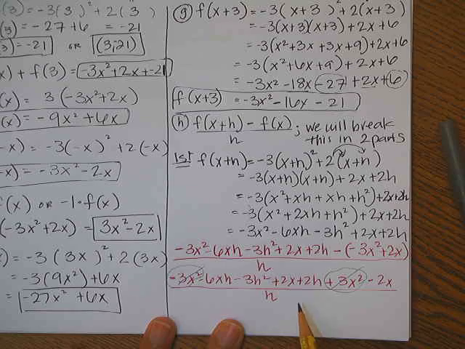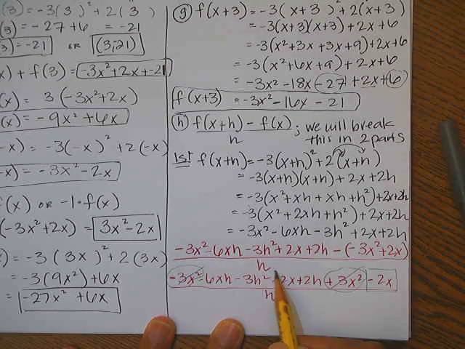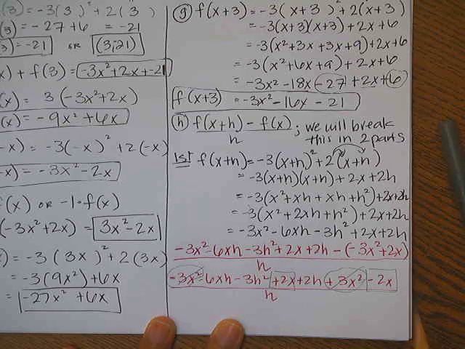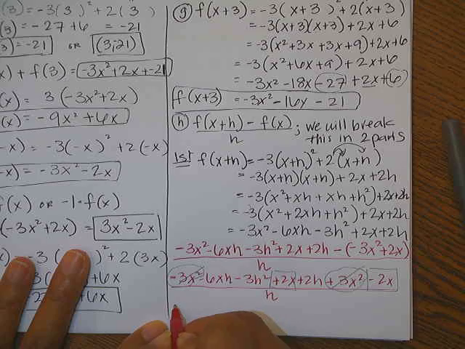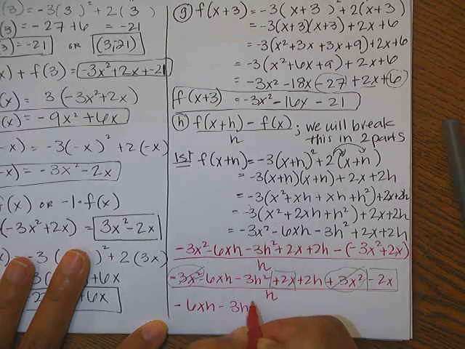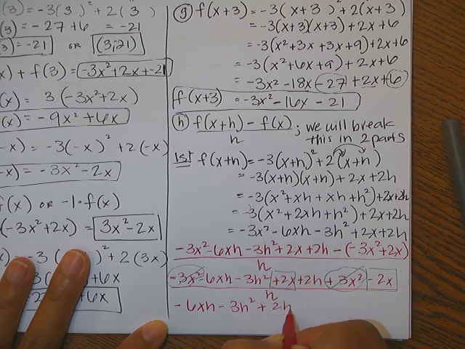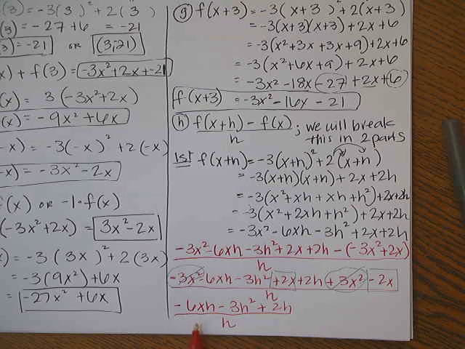Then if you look at my negative 2x and a positive 2x, those also cancel out. So what I'm going to end up with is negative 6xh minus 3h squared plus 2h. All of that is divided by h. Okay. Now look at the numerator. Is there anything that it has in common?